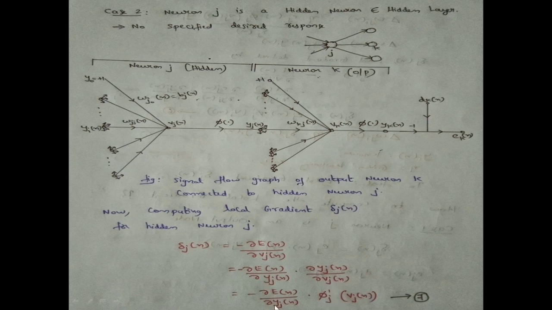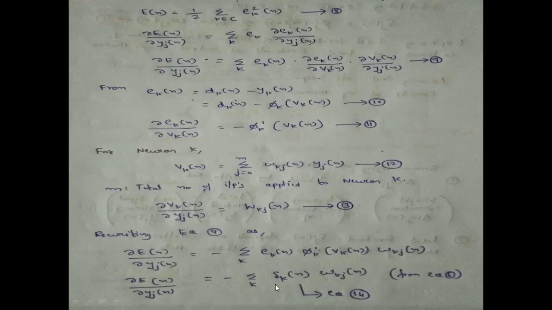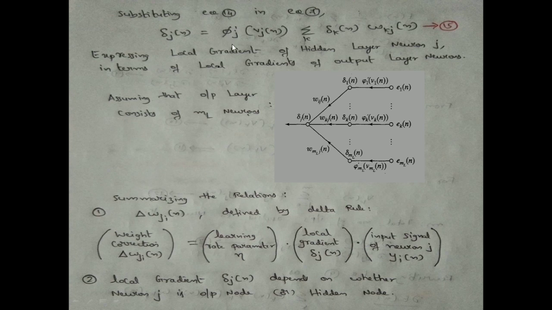We have already computed the value of ∂E(n)/∂Yj(n), so substituting it, we get φj'(Vj(n)) into sigma delta k(n) into Wkj(n). Let this be equation 15.